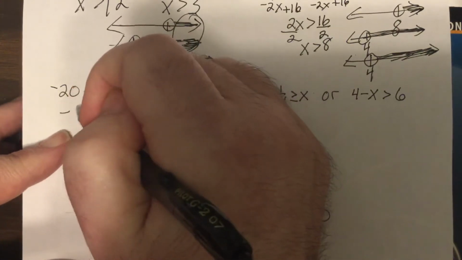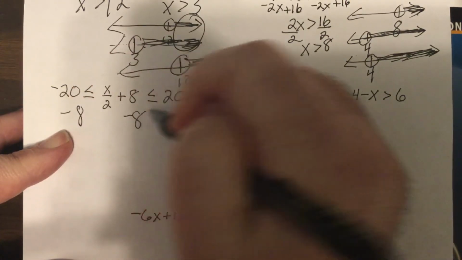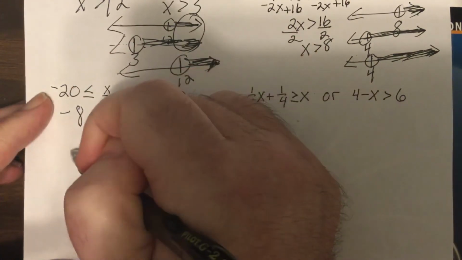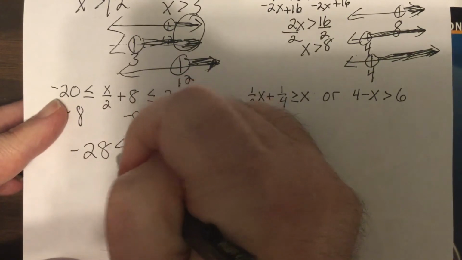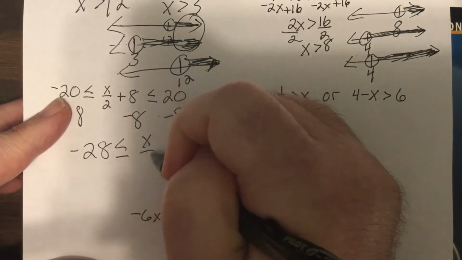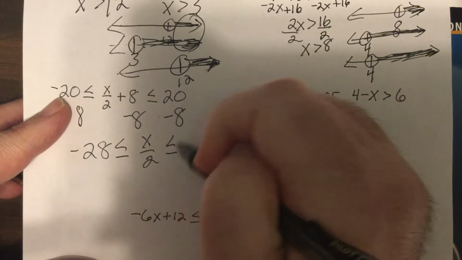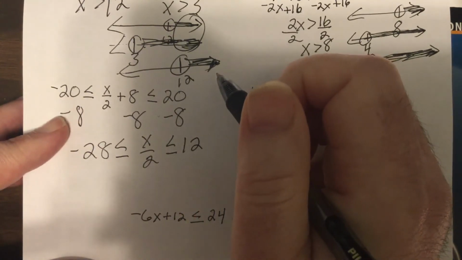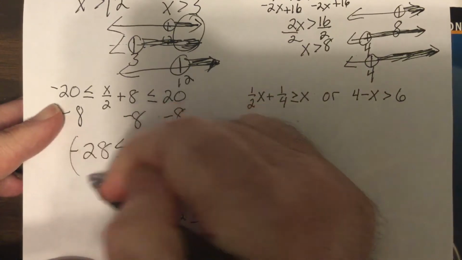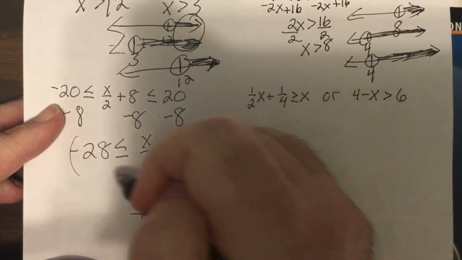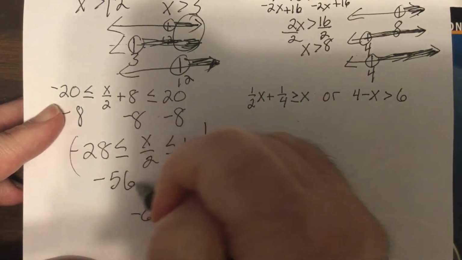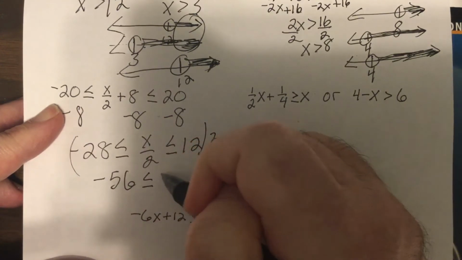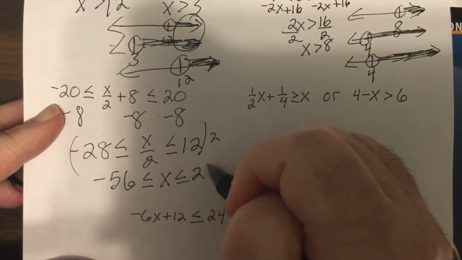Okay, so subtract 8. So -28 is less than or equal to x over 2, which is less than or equal to 12. Then I'm going to multiply everything by 2. So -56 is less than or equal to x, which is less than or equal to 24.